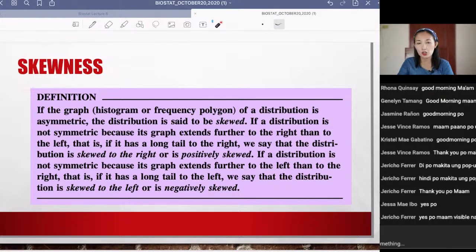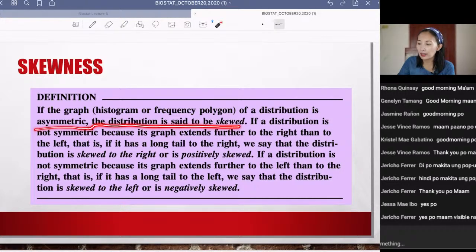By definition, this has to do with symmetry and asymmetry of the distribution. If the graph of a distribution is asymmetric, hindi balanse, ano? The distribution is said to be skewed.